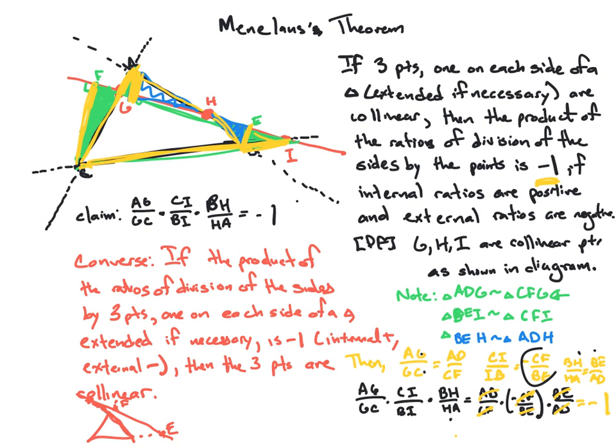You assume they meet at a different point, and you just show that those two points have to be the same. I'll let you read the details of that in the book, on page 167. But this goes both directions, so this turns out to be an if and only if statement.